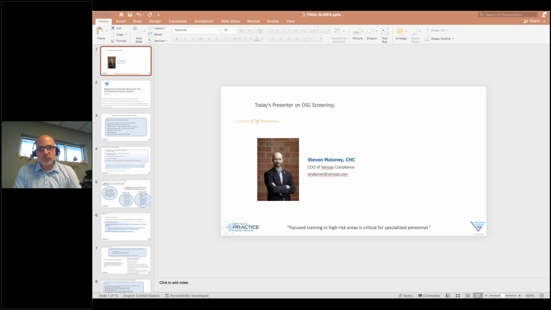Accuracy is the cornerstone. No screening program is going to be without its accuracy. Everything has been built along those lines. Automation of the system is also a core aspect of it.